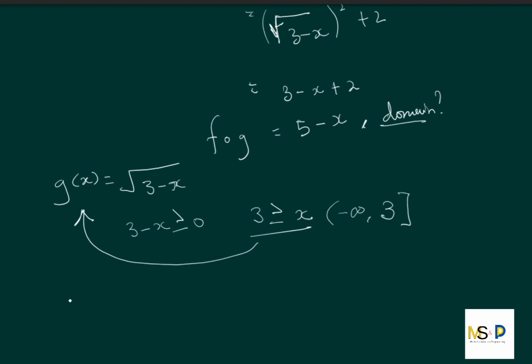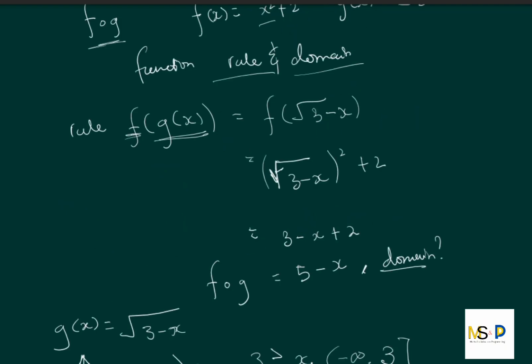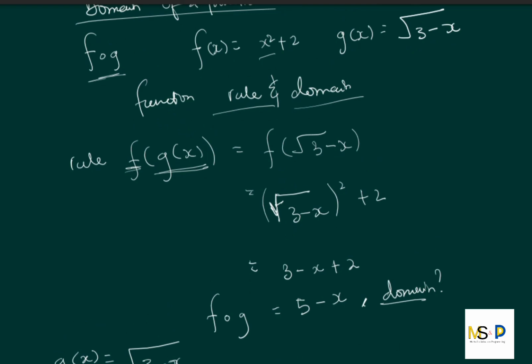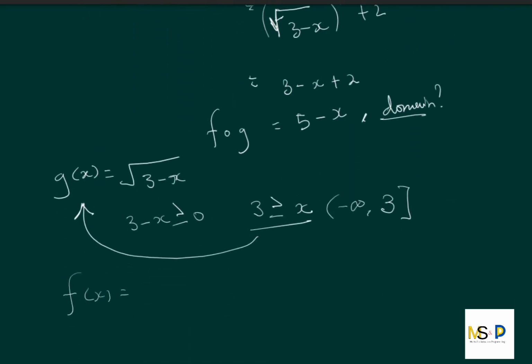And the function f, as you can see, is a polynomial, right? And we know that polynomials, that is x squared plus 2, are defined on the entire real line. That means that its domain is from negative infinity up to positive infinity.